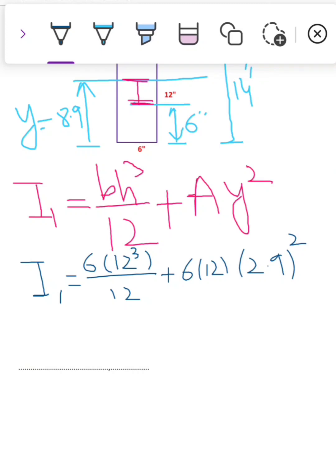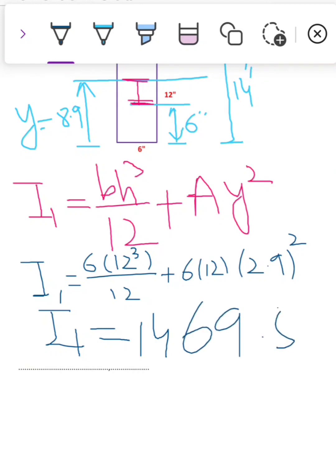So the area moment of inertia of the first figure will become I1 equal to 1469.52 inch raised to the power 4. The unit of moment of inertia is length raised to the power 4, which will be millimeter raised to the power 4 or anything. So this is the moment of inertia for the first figure.